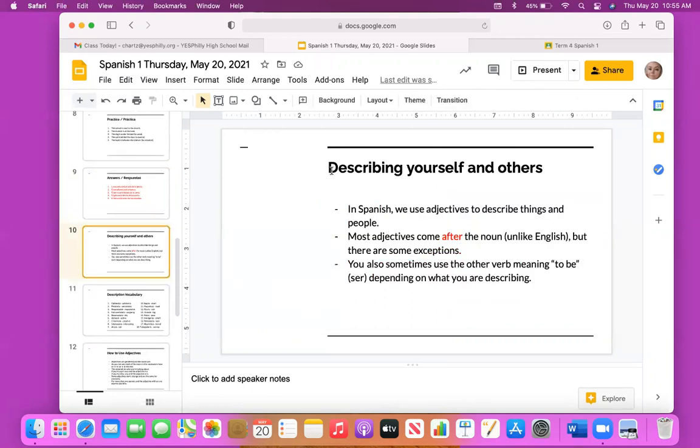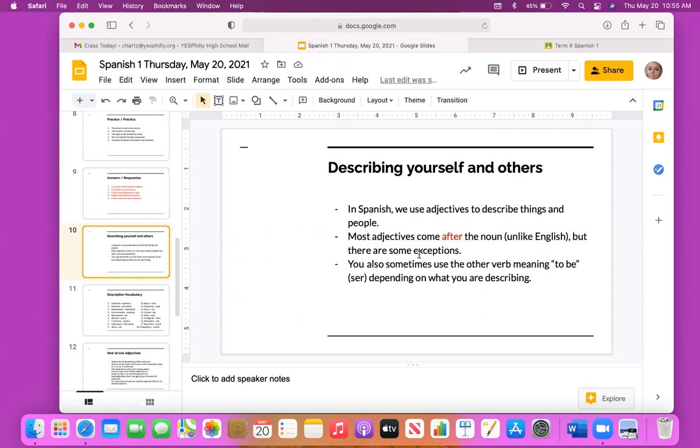So we'll start something new today: describing yourself and others and things even. In Spanish, we use adjectives to describe things and people, which we do in English too. Most adjectives come after the noun, unlike English, but there are some exceptions.